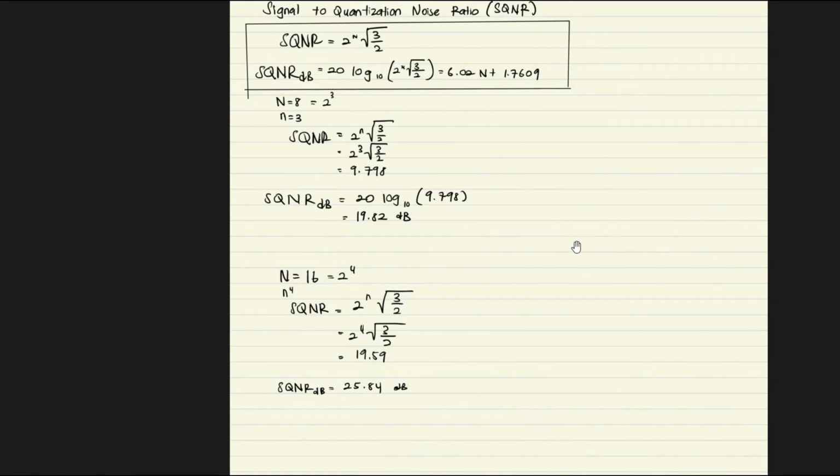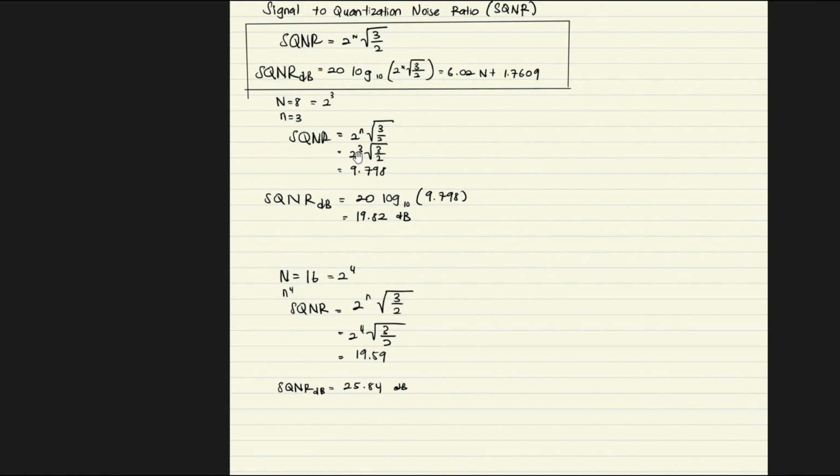this is the calculation similar to the quantization ratio. First, this is the formula for SQNR. We first take n equal to 8, then 2 to the power of 3, so n equal to 3, SQNR equal to 2^n times the square root of 3 over 2.